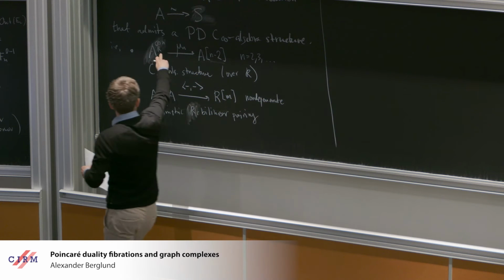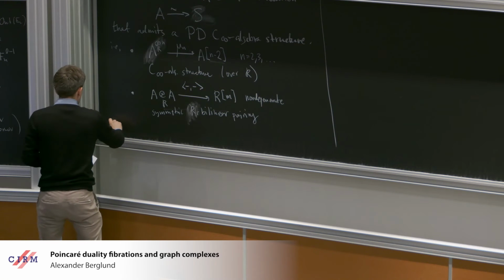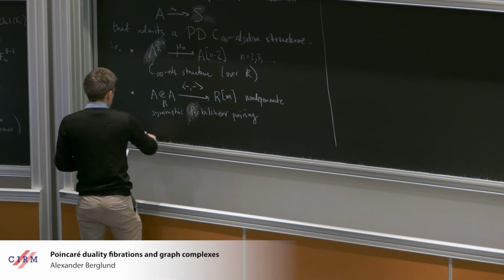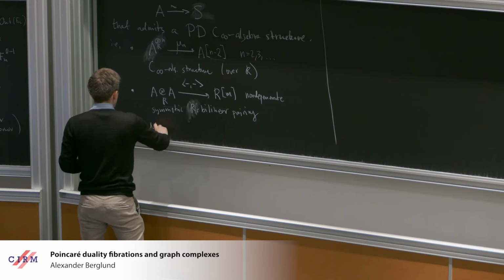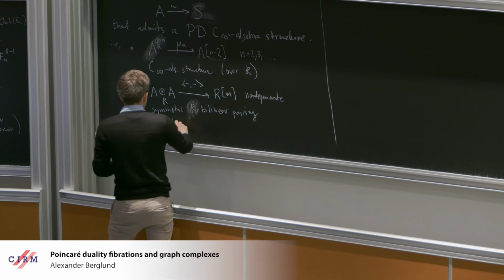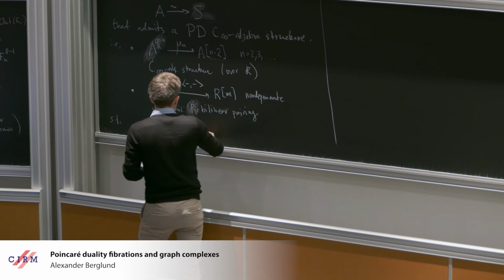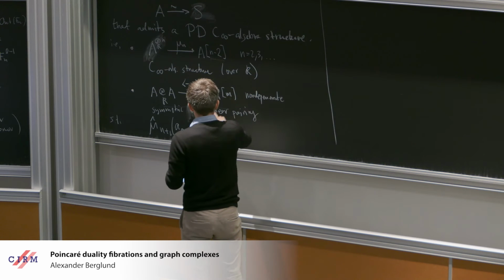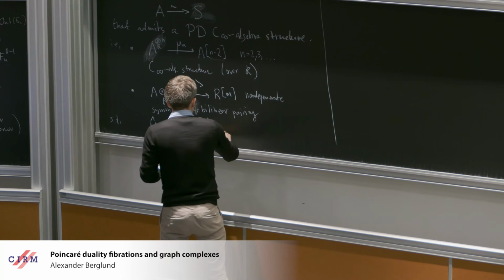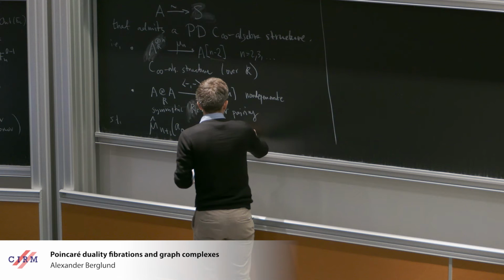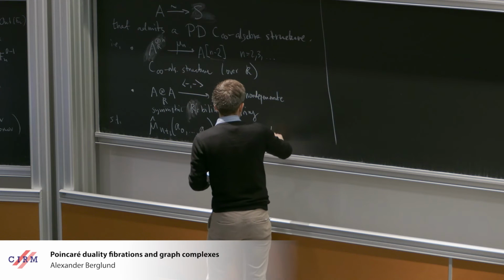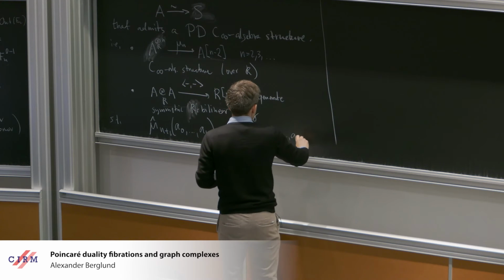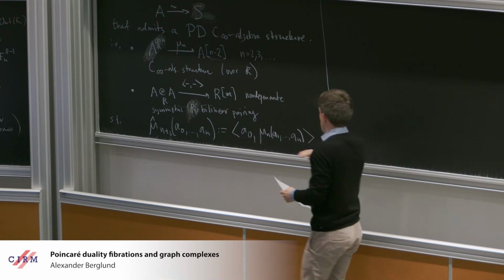And such that these two structures are compatible in the sense that if you look at the following operation, mu n plus 1 hat, this is an operation that takes n plus 1 arguments from A, and it spits out an element of R. Namely, you pair A0 with mu n applied to A1 up to An.